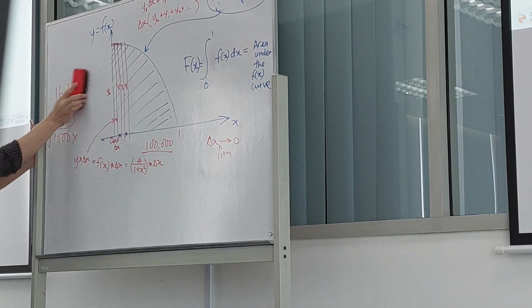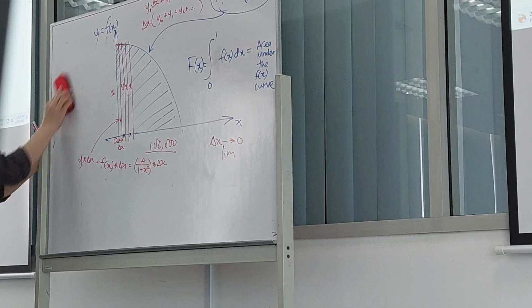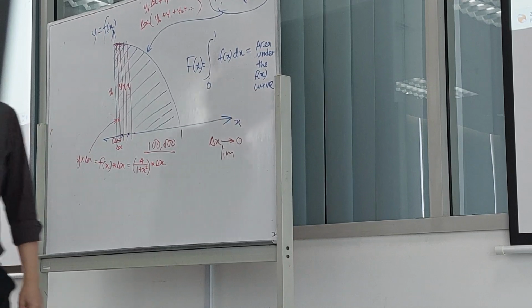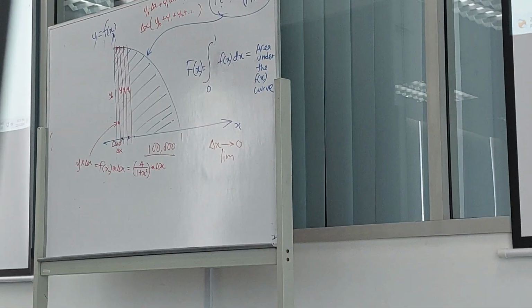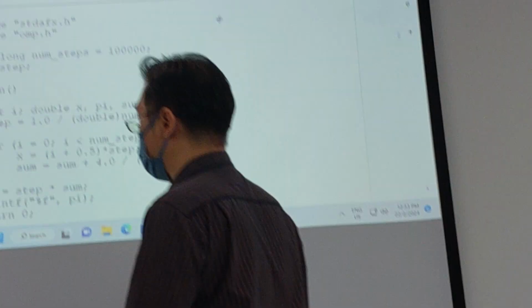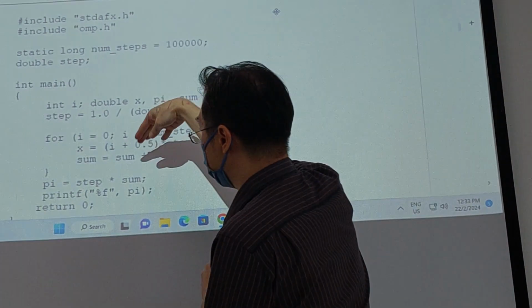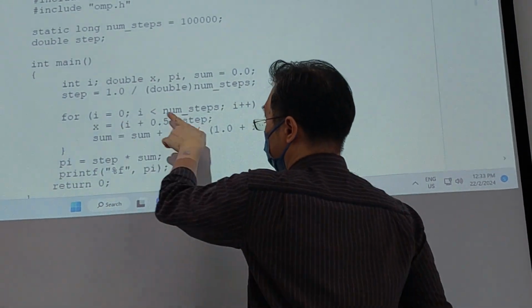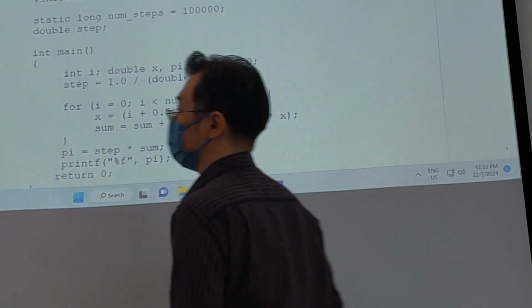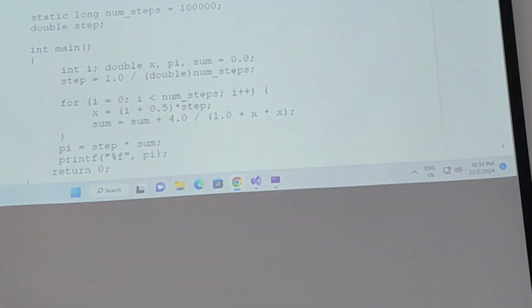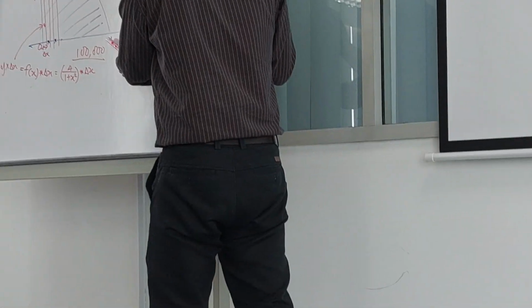How do we write the program? First, you know that this must be computed inside OMP parallel. All the threads will come in, and then we start from 0 and execute until num steps, because you start from step number 0 until the last step, which is 100,000.